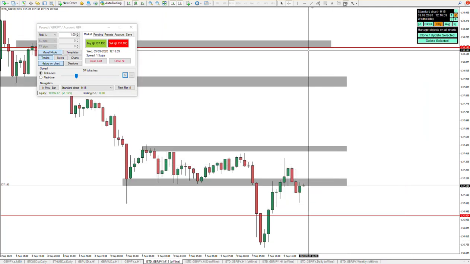The support formed. If we can get below this bullish candle, we are ready to correct this move up. I'm highly interested to trade that.